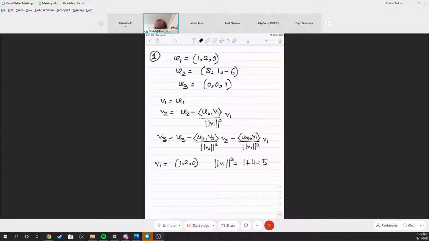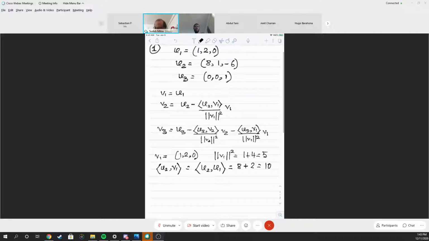That is the inner product of U2 and U1: 8 plus 2, that is 10.